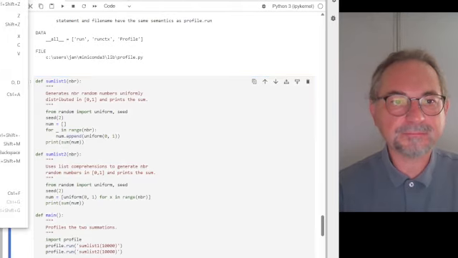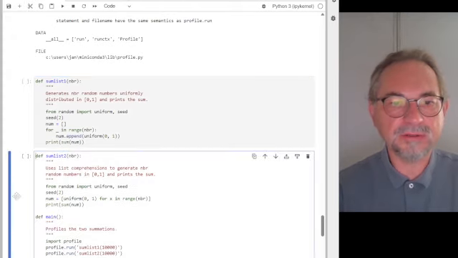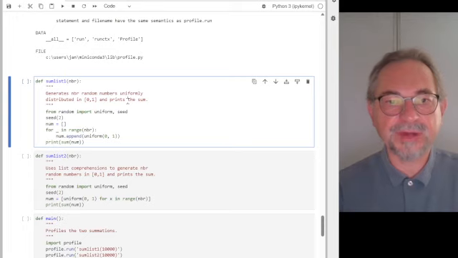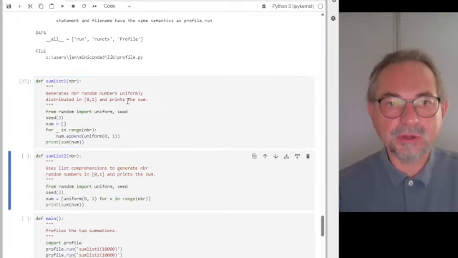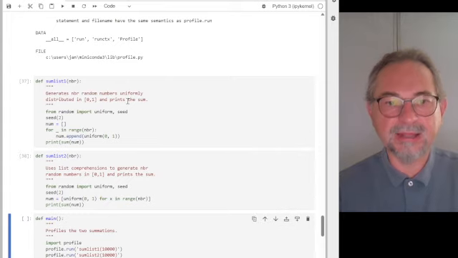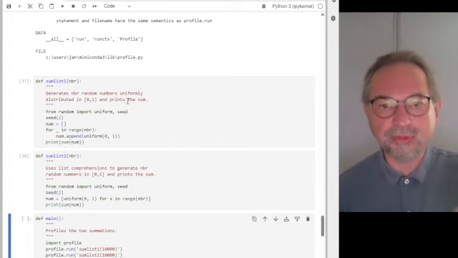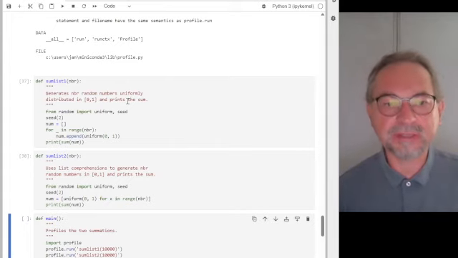So I will run this program in pieces. I have two functions. One function will do the append, and each time it will append a new random number at the end of the list, and then sum it.